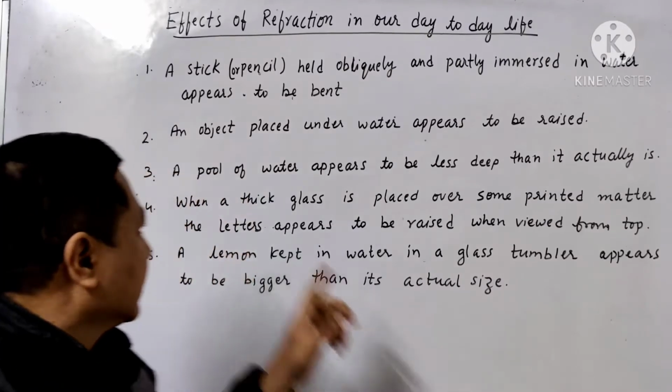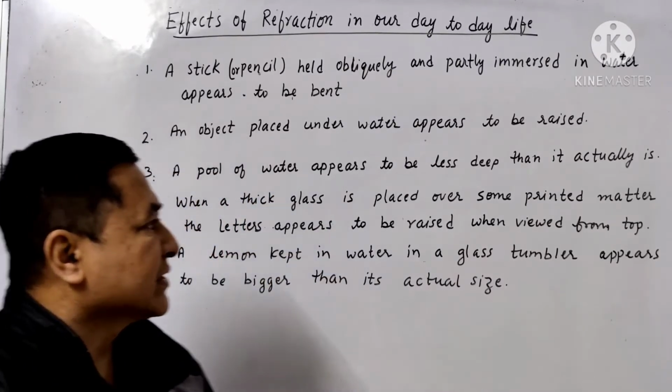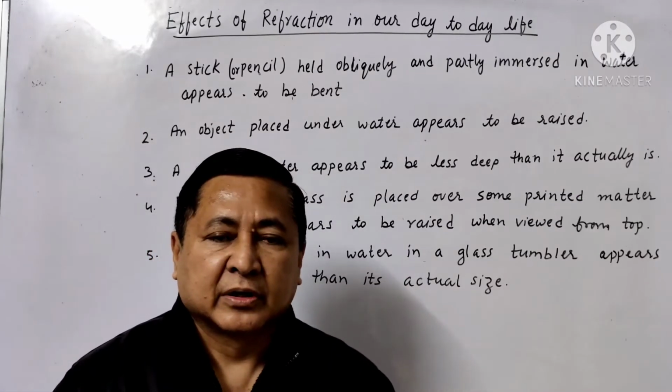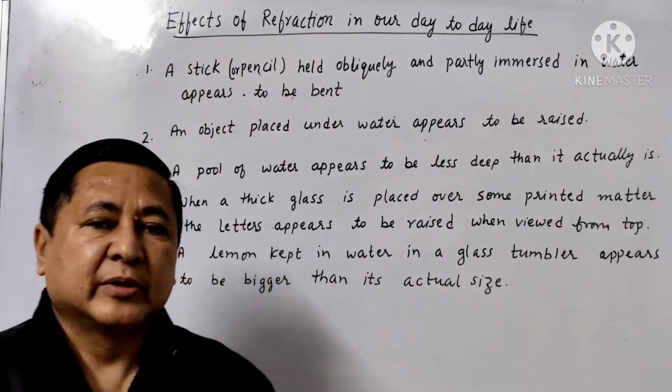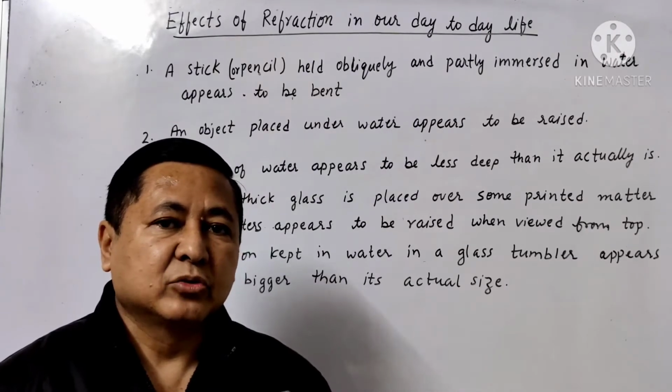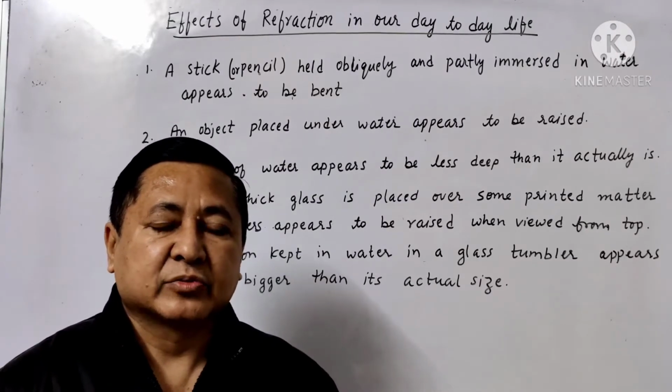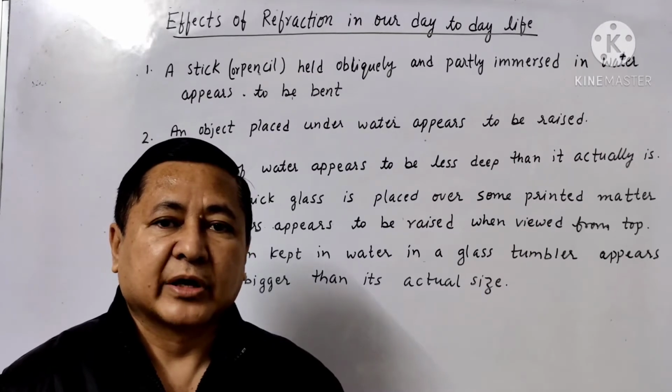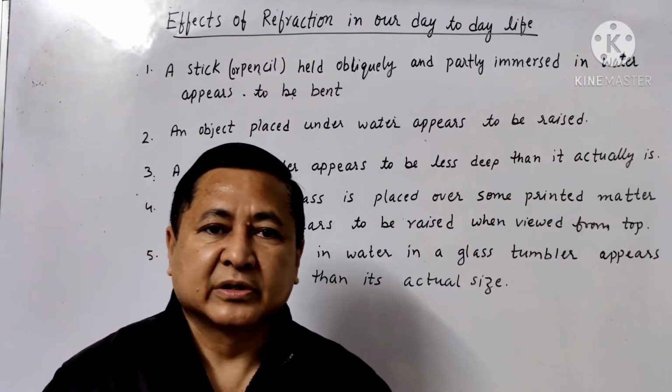And the third is, a pool of water appears to be less deep than it actually is. Suppose when you have gone swimming, you might have seen that the pool appears to be less deep, but when you go inside, you will find that it is deeper than you actually thought. This is again due to the refraction.